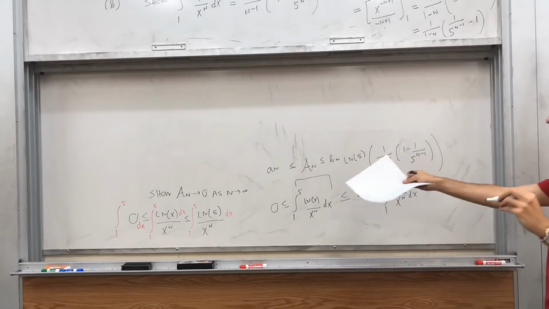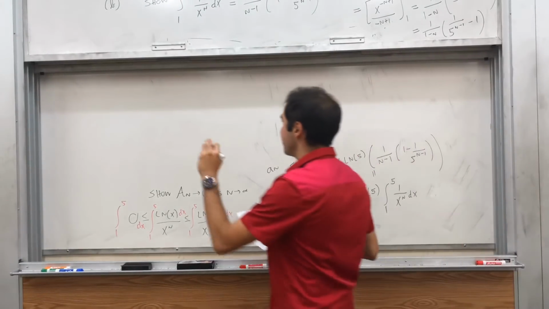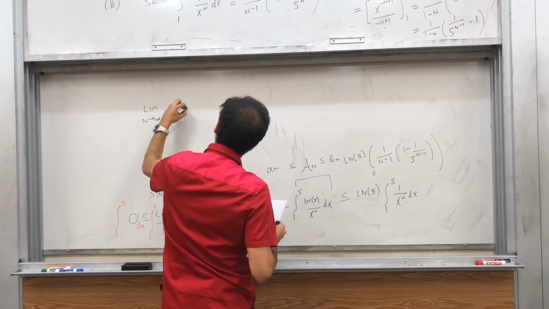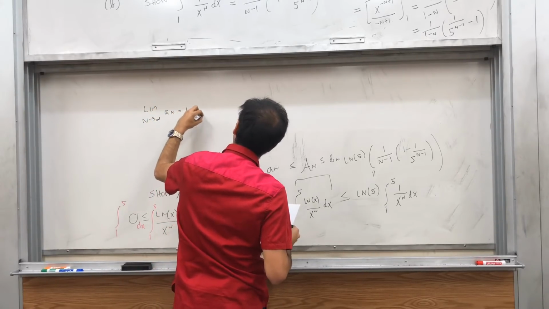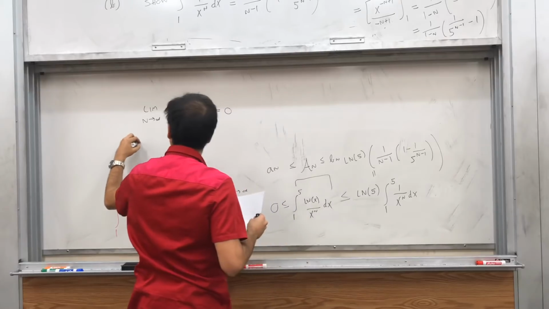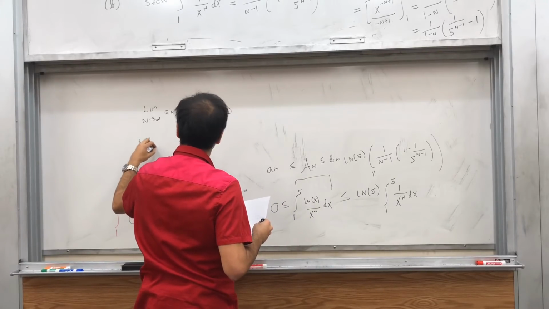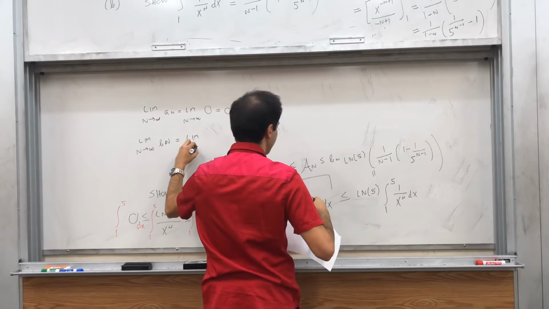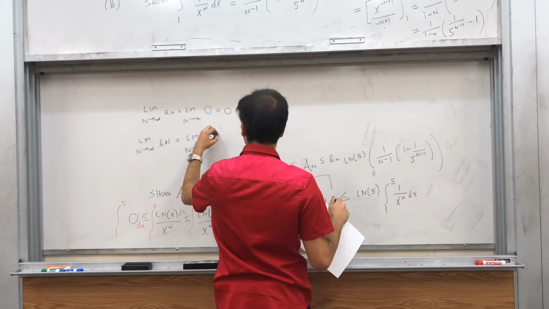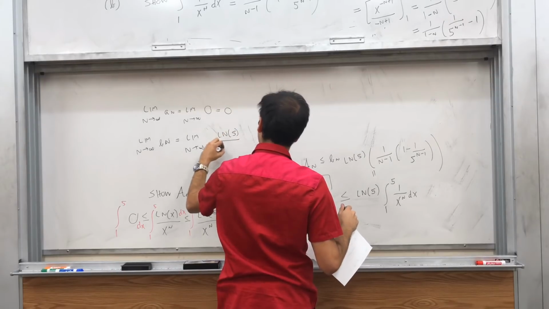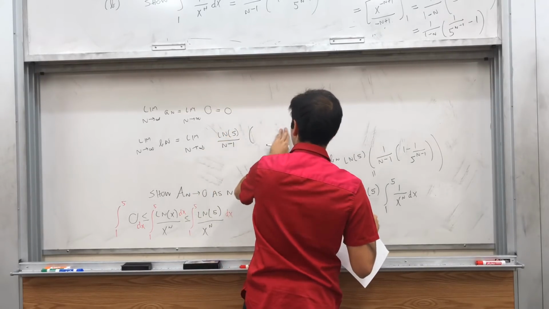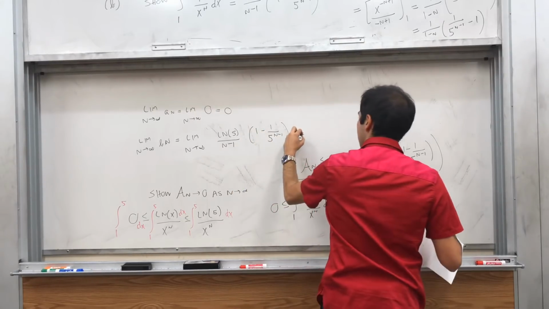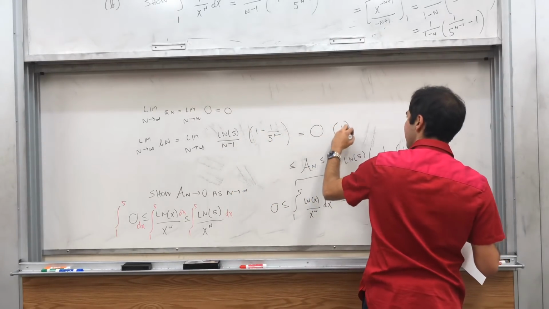So we know the area is squeezed between two sequences. The limit as n goes to infinity of an is the limit as n goes to infinity of 0, which is 0, and the limit as n goes to infinity of bn, which is the limit of ln of 5 over n minus 1 times 1 minus 1 over 5 to the n minus 1, is 0 times 1.